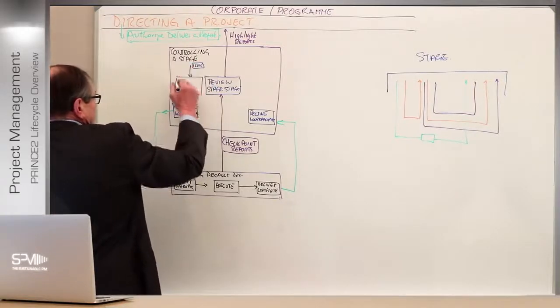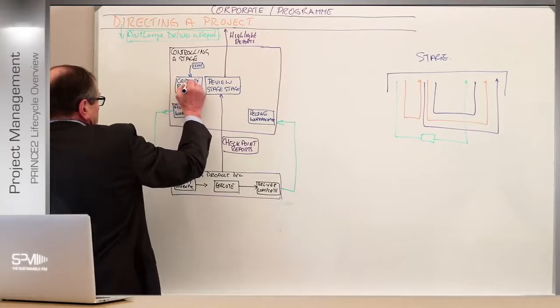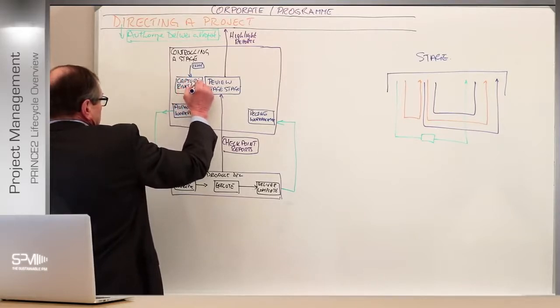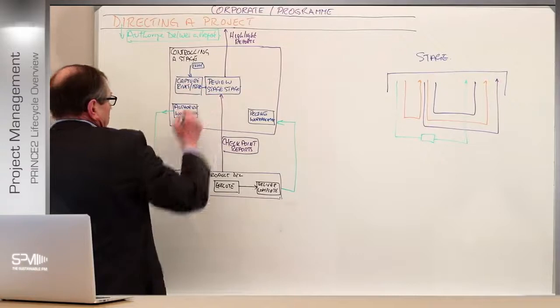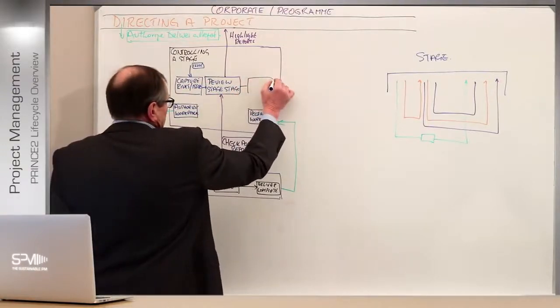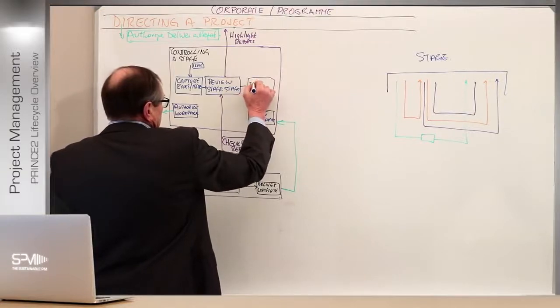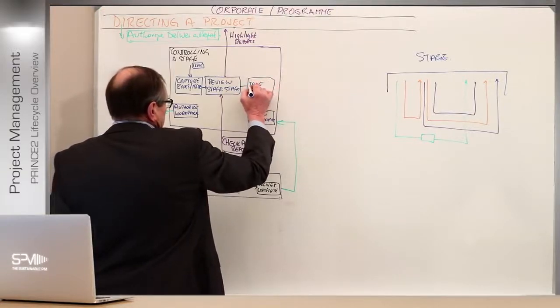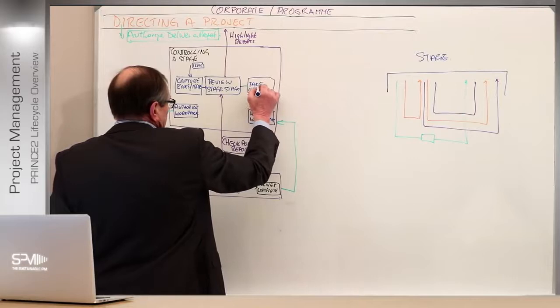Then it will capture those risks or issues. So that's part of the stage here. And what will happen then, of course, is the PM needs to take corrective action.